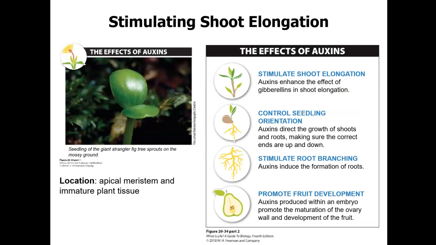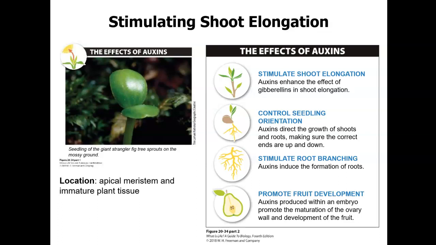Looking here, we see a visual: the stimulating of shoot elongation and controlling seedling orientation, so it directs which way the shoots need to grow, up towards the outside, and it directs the roots to grow downwards. It also stimulates root branching, so those roots usually form a main taproot with some fibrous roots coming out, or a lot of fibrous roots.